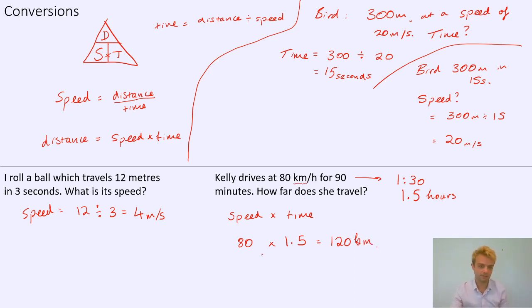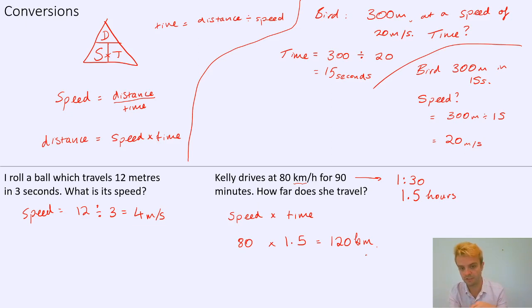And a bit like earlier in this other question we did over on the left, we can do a sense check of our answer. If you're traveling at 80 kilometers per hour, which literally means 80 kilometers in an hour, that's the speed at which you're traveling. If you're traveling at 80 kilometers an hour for an hour and a half, then you're going to go 80 kilometers in the first hour, and then half as far in the extra half an hour.